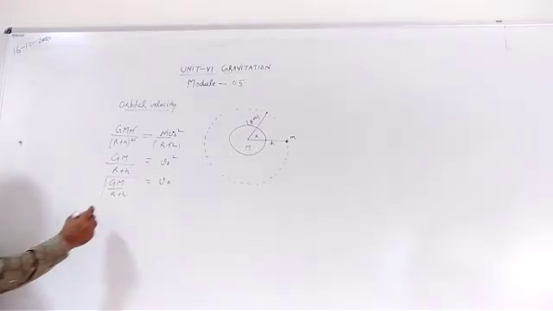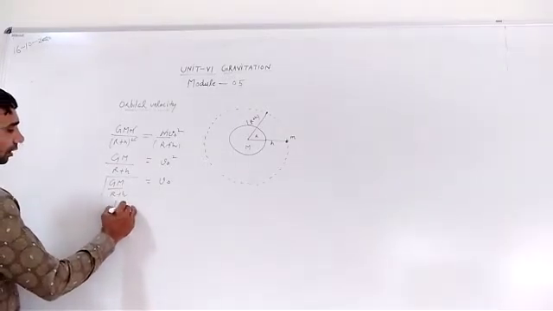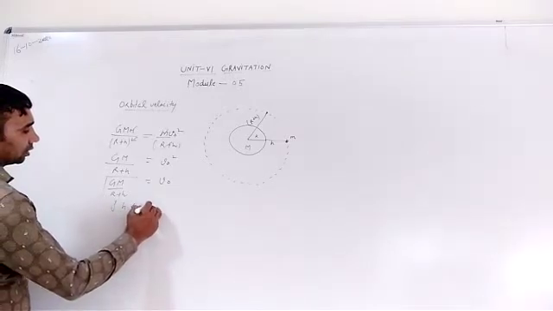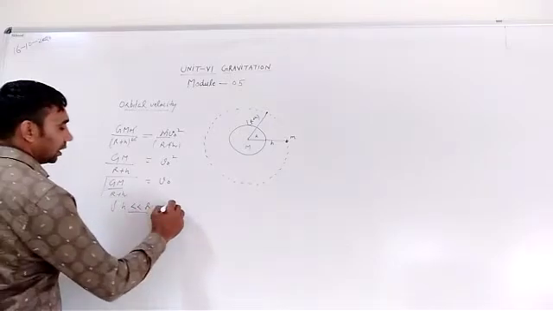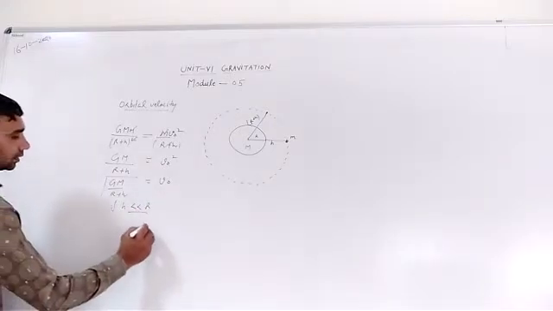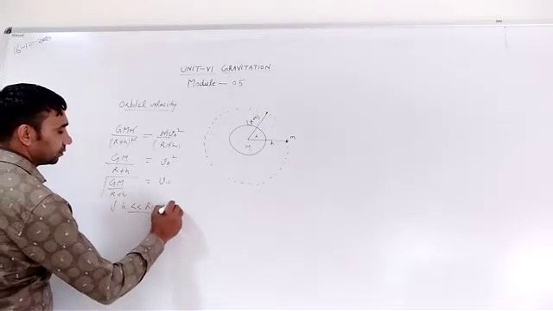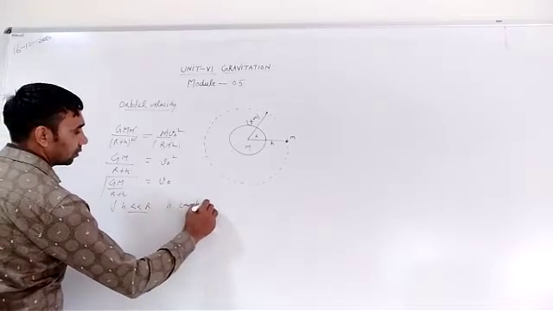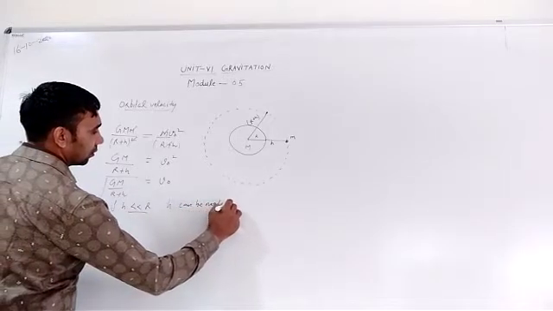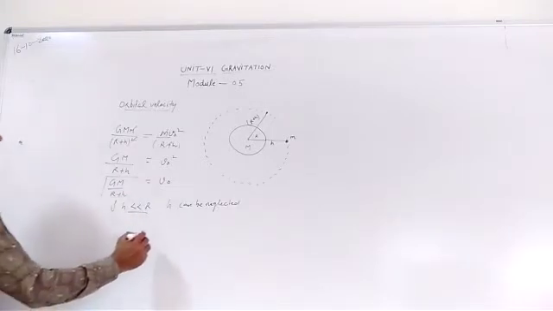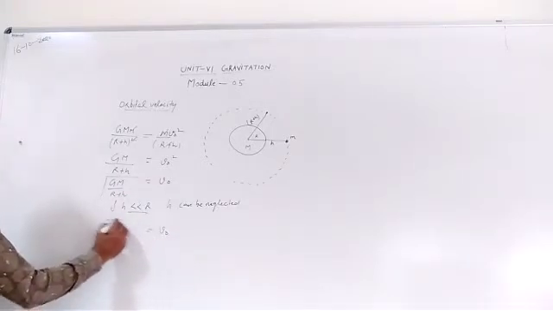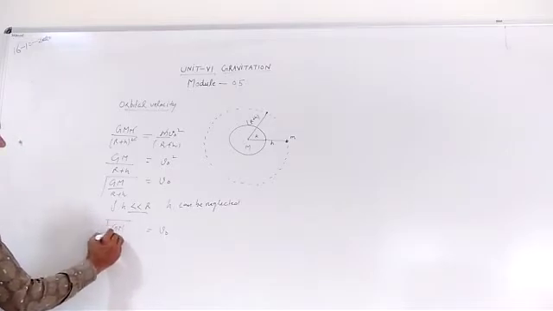If h is very small compared to the radius of Earth, then h can be neglected. Therefore, V naught is equal to under the root GM divided by R.